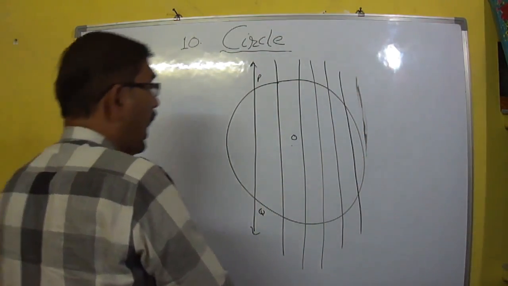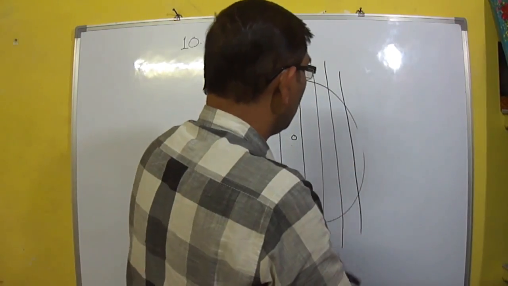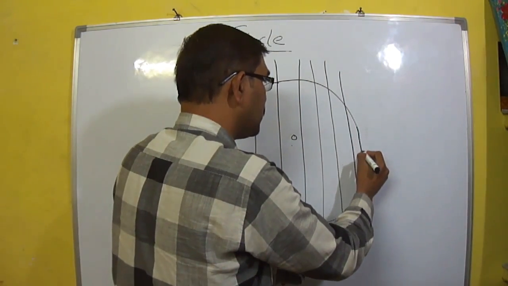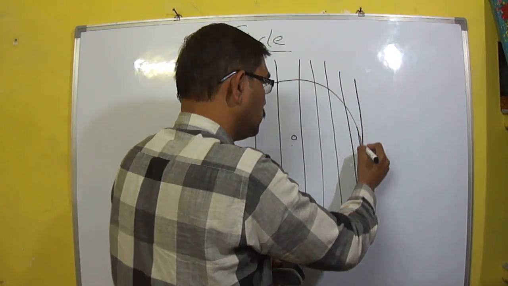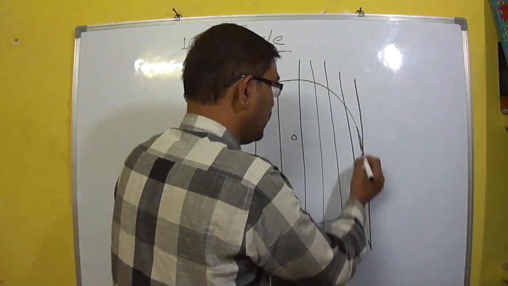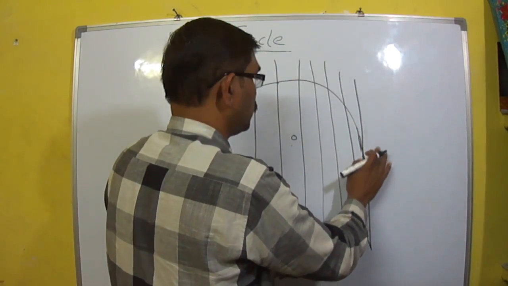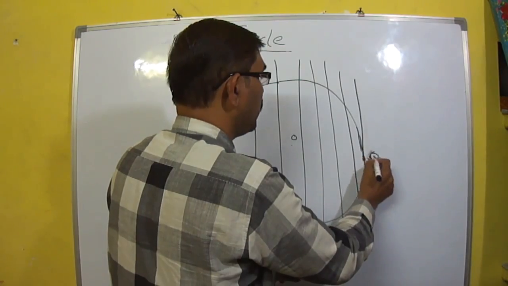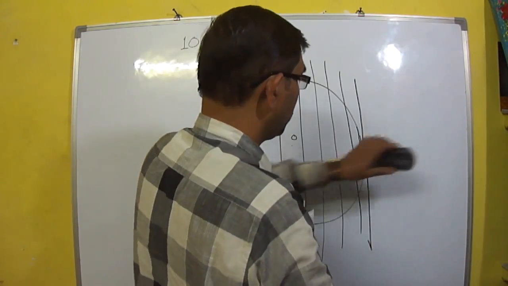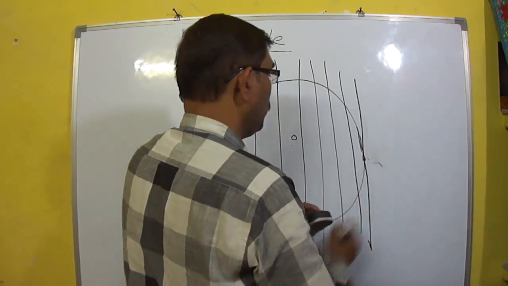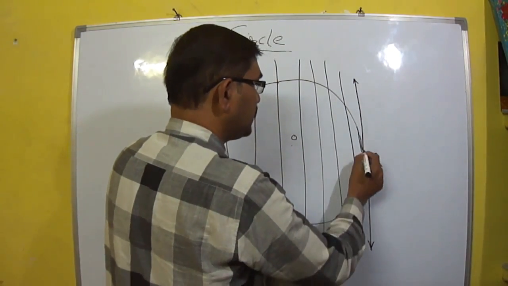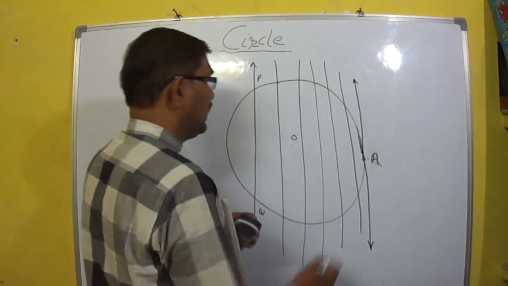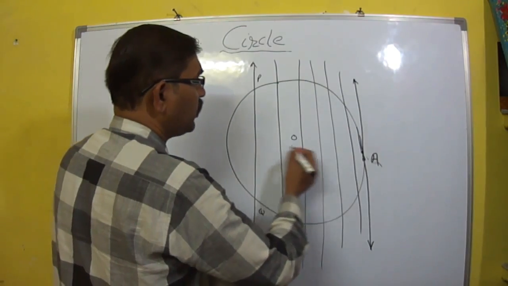I want to draw a line which is passing through a single point. Here is the single point. We have to give the name A. This is also a line passing through the single point of a circle. All these are secants which are parallel to each other.